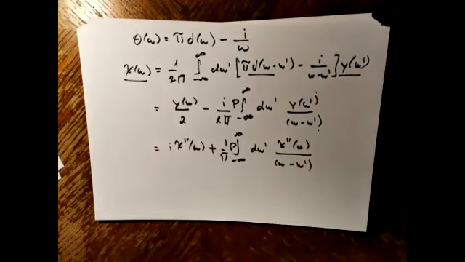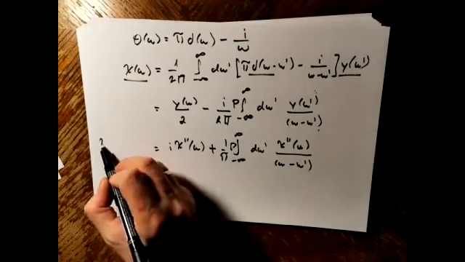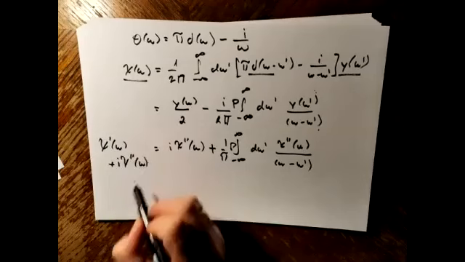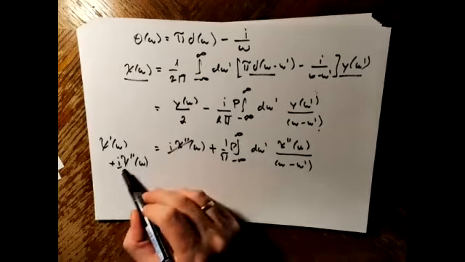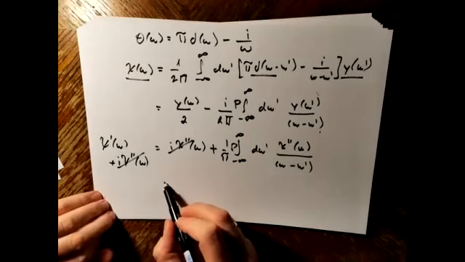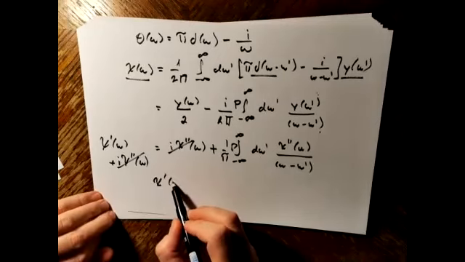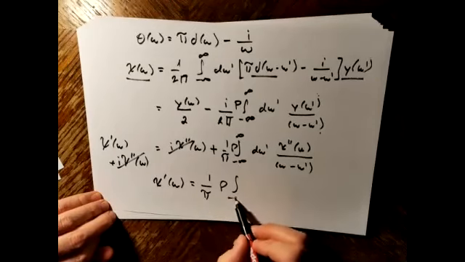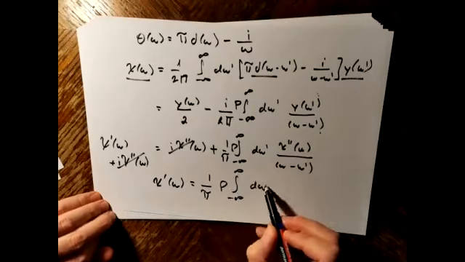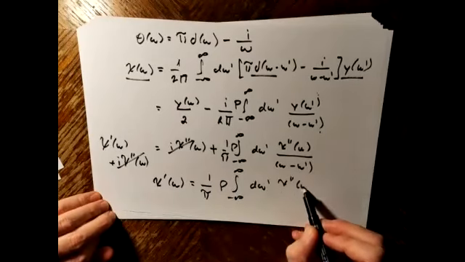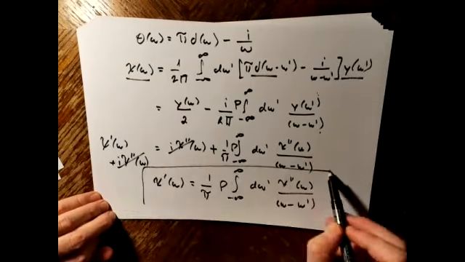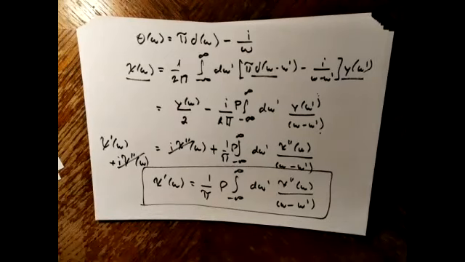And on this side we have the full susceptibility, so we can write that as χ′(ω) plus iχ″(ω), and we see that on this side we have an iχ″(ω). So what we found is that χ′(ω) is 1 over π principal value, integral from minus infinity to plus infinity dω′ χ″(ω′) divided by (ω minus ω′). And that's one of the Kramers-Kronig relations.